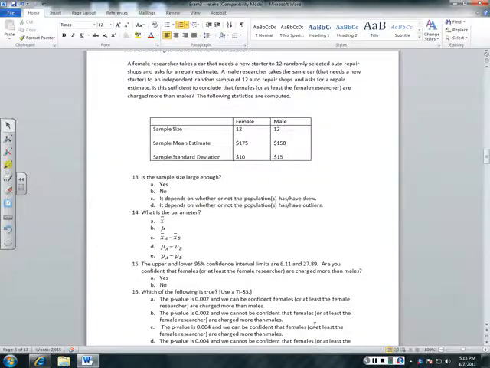Okay, so clearly we have two samples here, and we're talking about means. After all, it says means. But anyway, first question is the sample size large enough? The smallest sample size here is 12, so that is going to depend on whether or not we have skew.